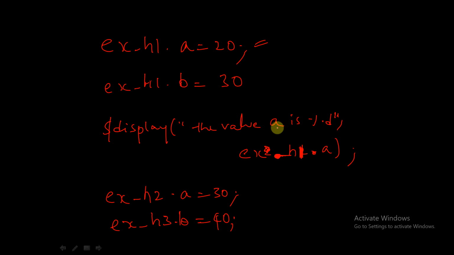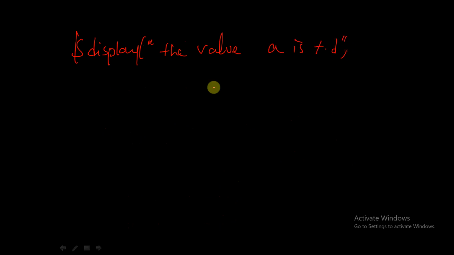So what will be our answer that will be printed? Now let's display the value of a is %d, comma ex_h2.a. So what will be the display statement that will be printed? That is, what will be my value of a? Any idea? Any guess?